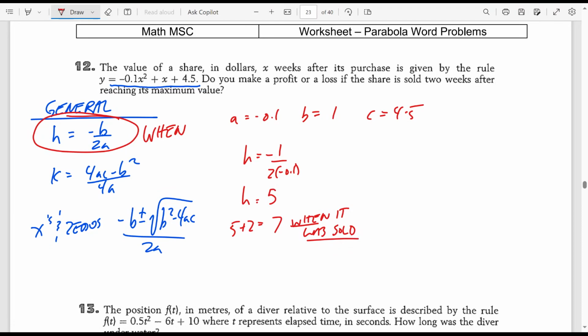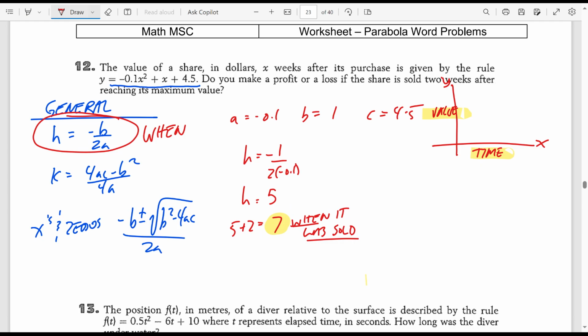So where does this come into play? If my x-axis is time and my y-axis is value, and my objective is to determine profit or loss, I am going to be looking for a value given a specific time. And the specific time I'm looking for is going to be 7.